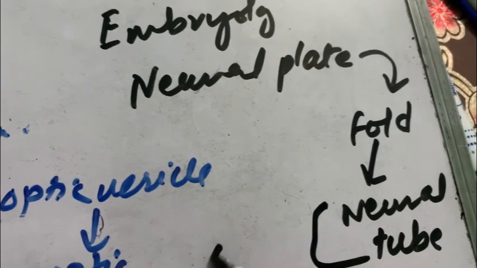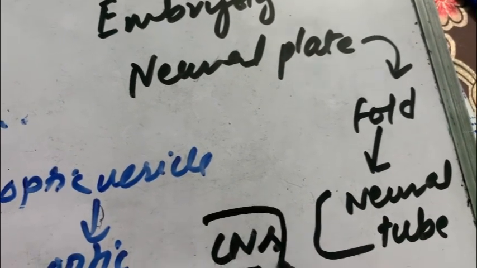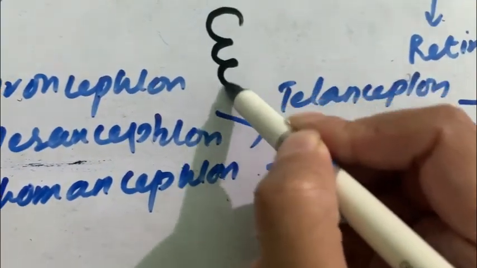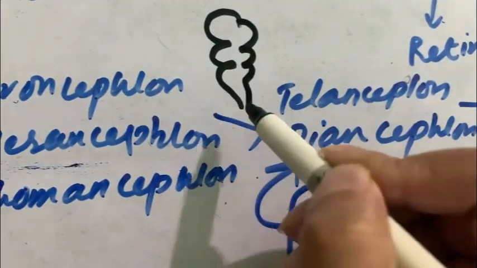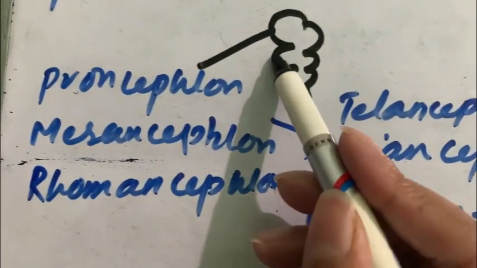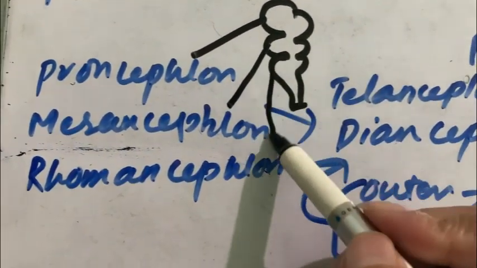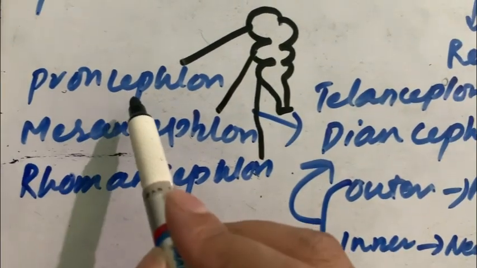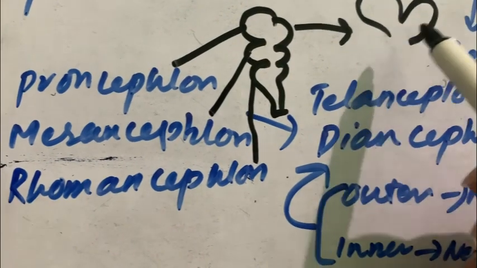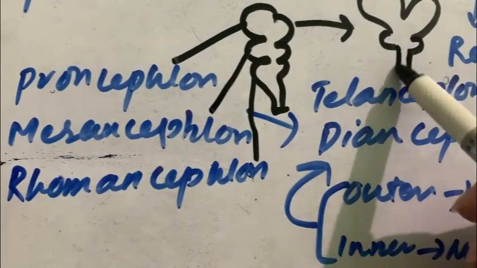That is basically the part of the central nervous system. Shown here, this is prosencephalon, mesencephalon, and rhombencephalon. This part grows like this.